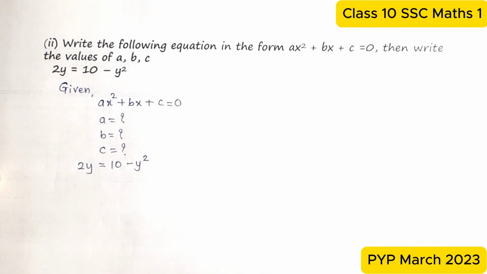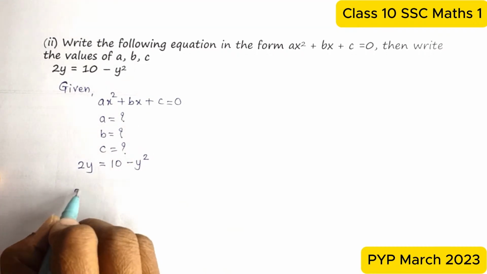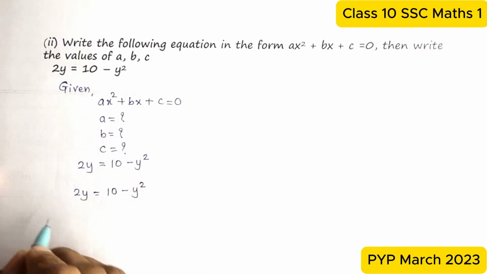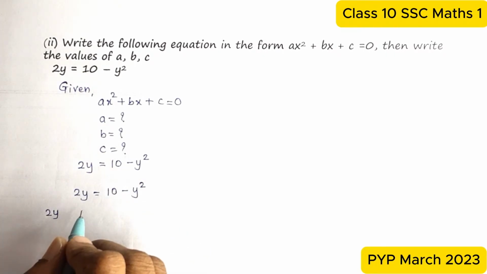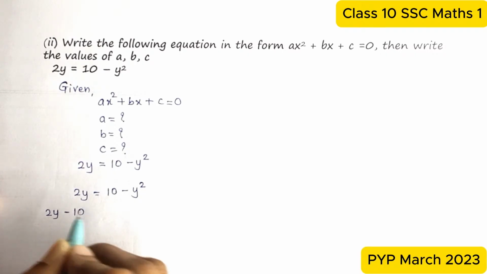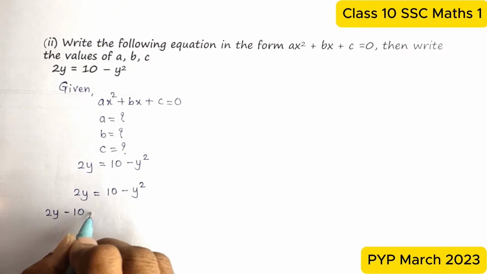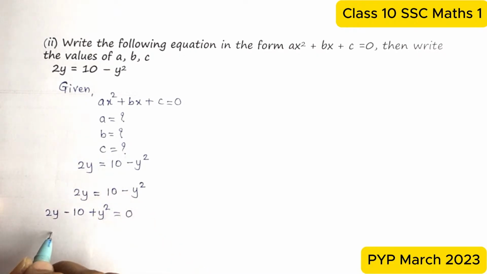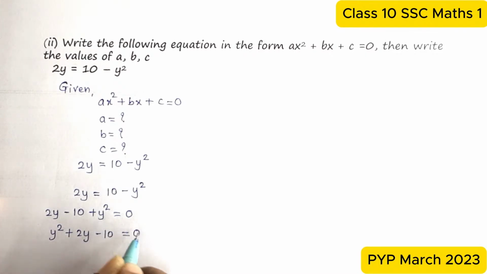So now here students, we take this equation 2y is equal to 10 minus y square, and then all these terms come in the left hand side. Okay, put these terms in the left hand side. So 2y minus 10 plus y square is equal to 0. So now we are rearranging the terms: y square plus 2y minus 10 is equal to 0.